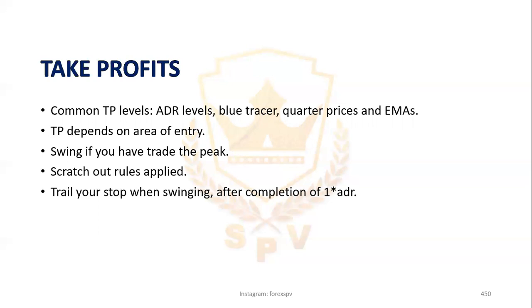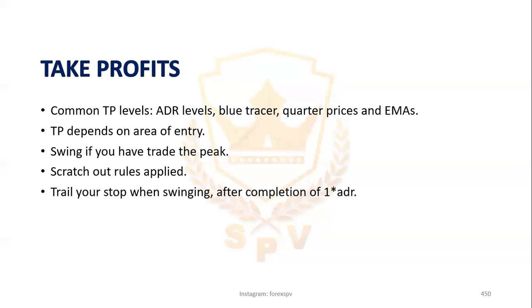We have the quarter prices. I normally use the quarter prices a lot, and even the exponential moving averages. Suppose I expect price to retest maybe the 800 EMA for a peak reset, then my target for that entry will be the 800 EMA, the blueberry.